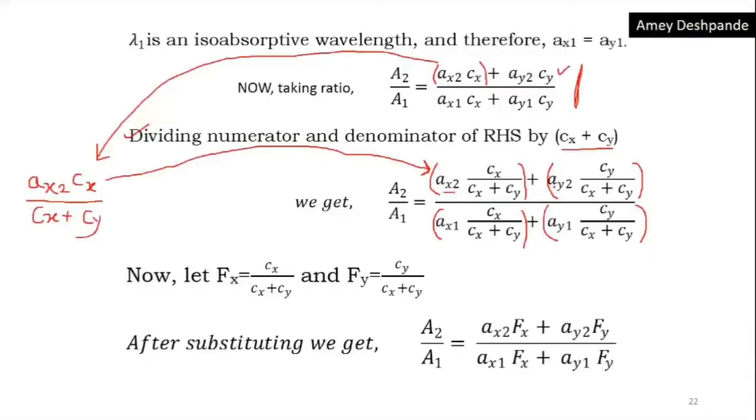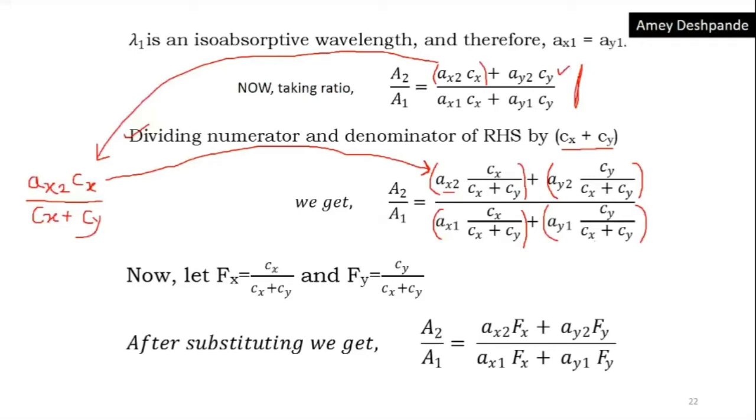Similarly, the second term can be written as AY2 Cy upon Cx plus Cy. Similarly, I am writing down the denominators: AX1 Cx upon Cx plus Cy and AY1 Cy divided by Cx plus Cy. Now, you will understand that there are these two terms common. Which are those?